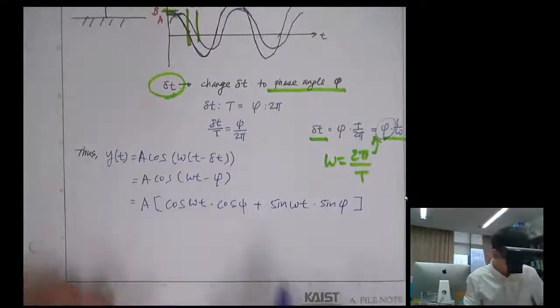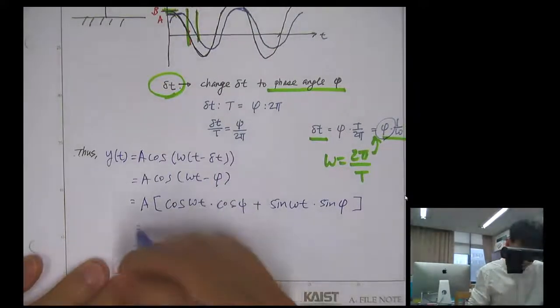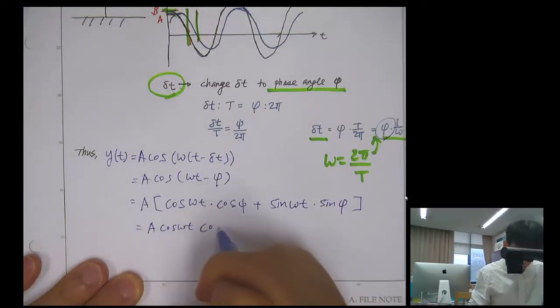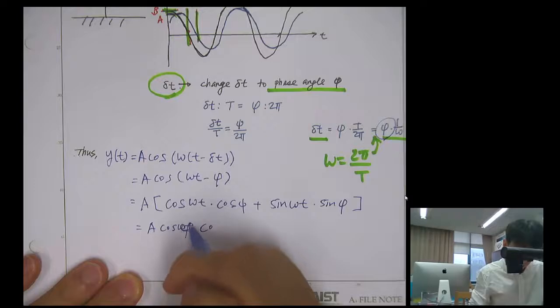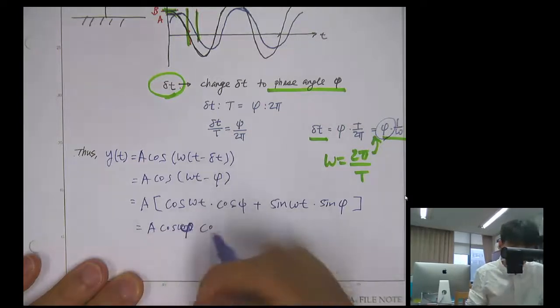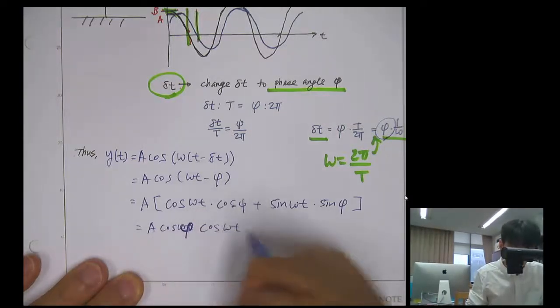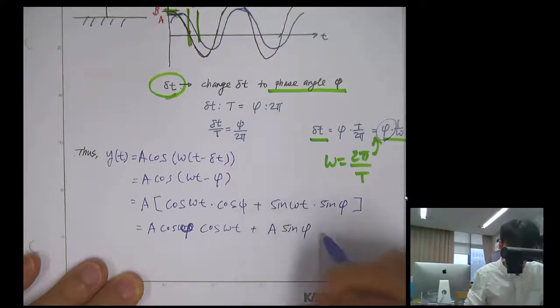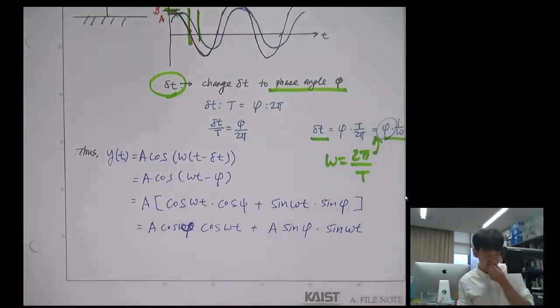So we have a cosine phi times cosine omega t plus a sine phi times sine omega t.